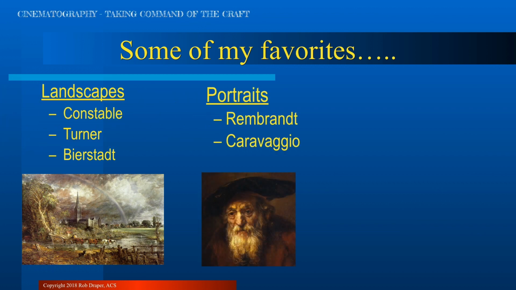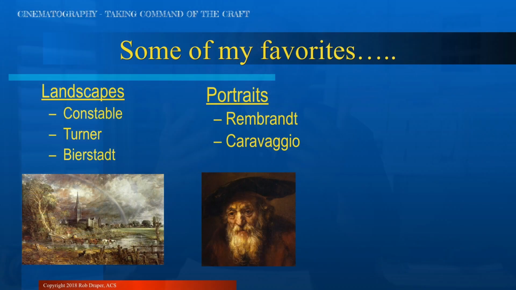Now, on portraits, Rembrandt and Caravaggio. Rembrandt and Caravaggio both lit portraits in a similar way, or painted portraits in a similar way. However, Rembrandt had a lot more shadow detail, whereas Caravaggio had less shadow detail. That was probably due to environmental differences.